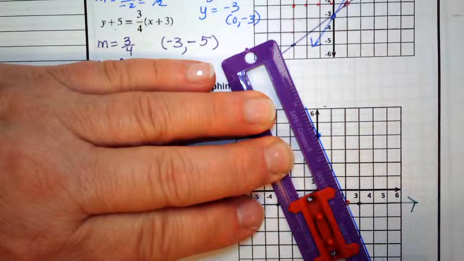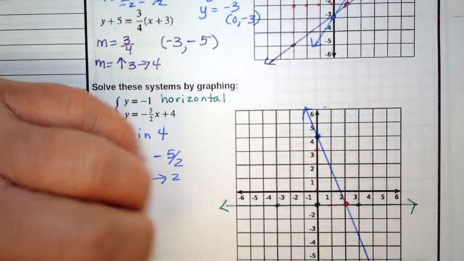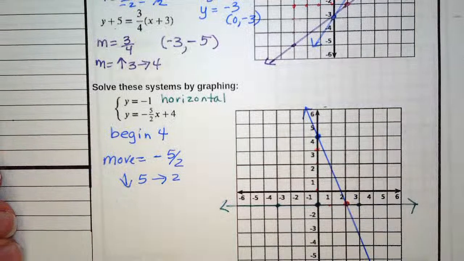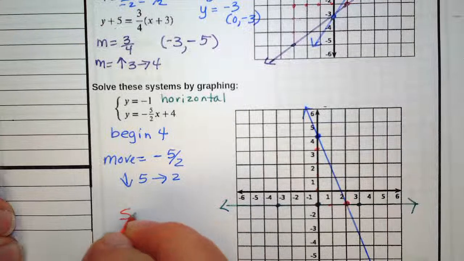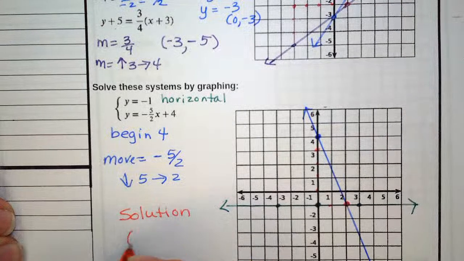Looking at where they intersect, we've got that point that is 2, negative 1. So my solution is that point 2, negative 1.